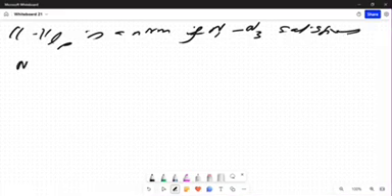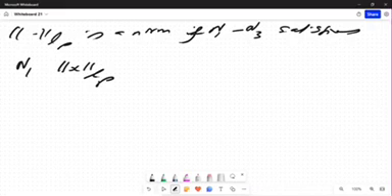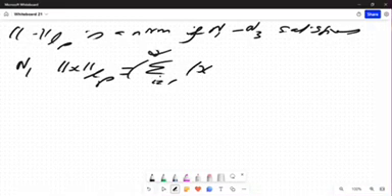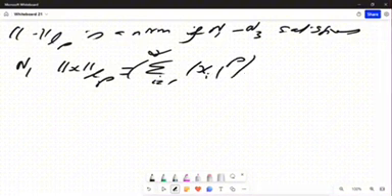For N1, the norm of x is defined as the summation, i counting from 1 to infinity, of xi to power p, raised to power 1 over p.